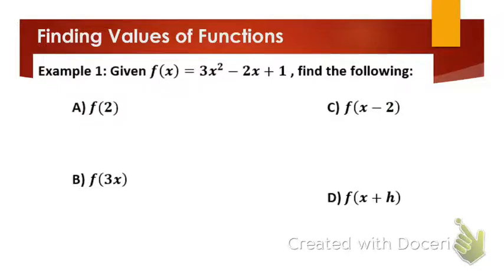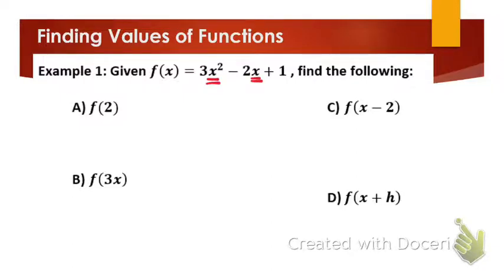So we're substituting in different values for x into that function. We have our function f of x equals 3x squared minus 2x plus 1, and we are going to find the different values by substituting in for x. So we have an x squared and we have a 2x.